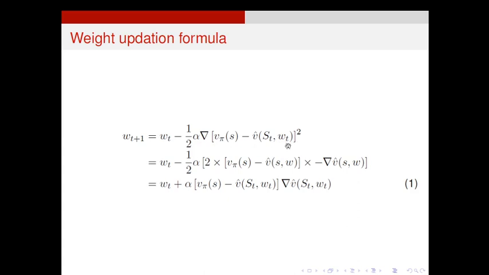Since w t contains different components, we have to apply the del operator, the gradient of v cap of s t comma w t. Now the 2 and 2 get cancelled, and minus into minus is positive, so we get w t plus alpha into v pi of s minus v cap of s t comma w t into del of v cap of s t comma w t.